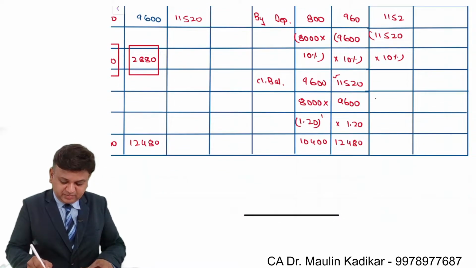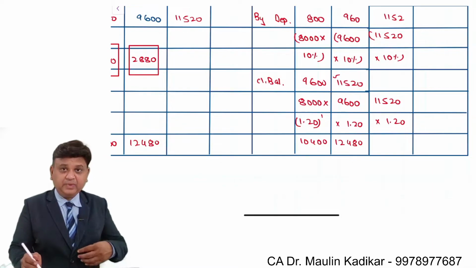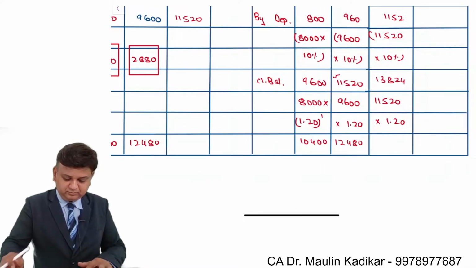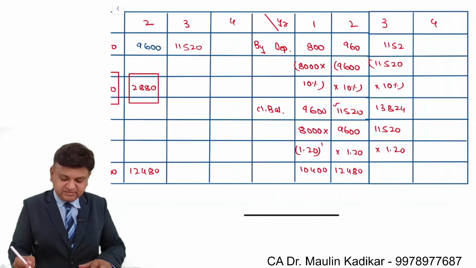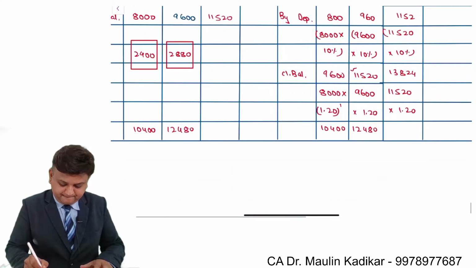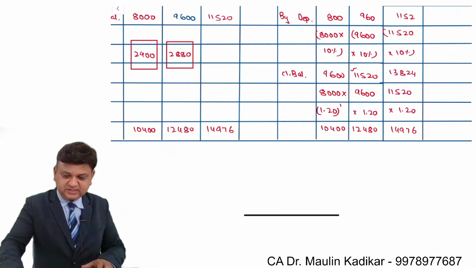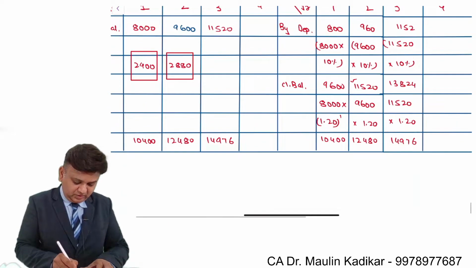The closing balance will be 11,520 into 1.20, 13,824, plus 1,152. So 14,976. So 14,976 minus 11,520. So it is 3,456.